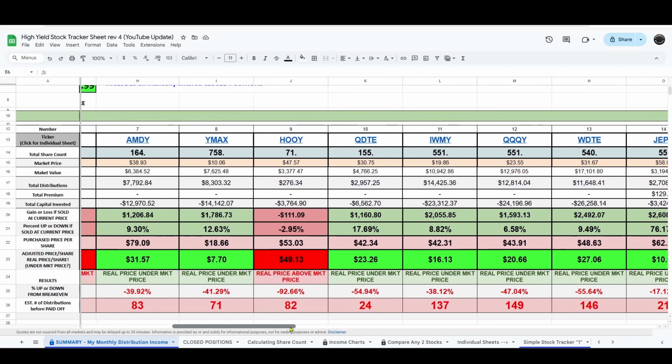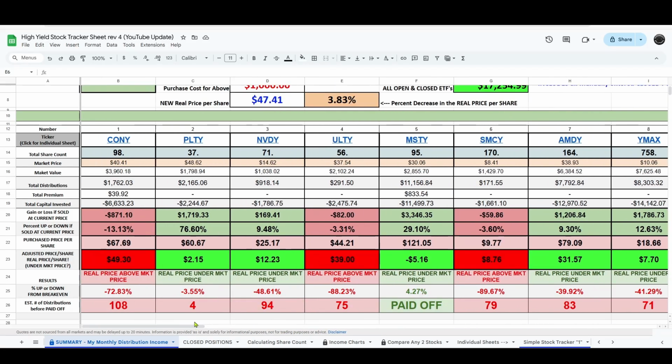So out of these 15, I have a total of 5 ETFs that are red. The rest of them are green and in the money, right? Meaning that if I were to sell any of those that are green right here, then I will make money off of that position.